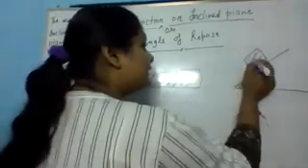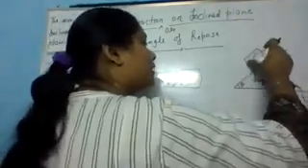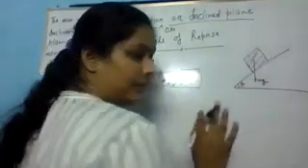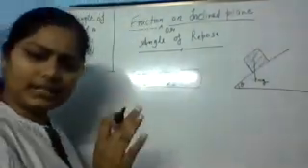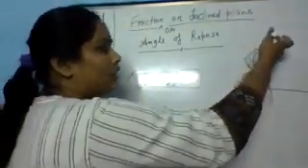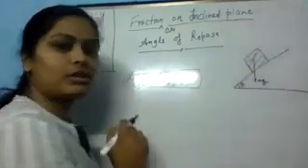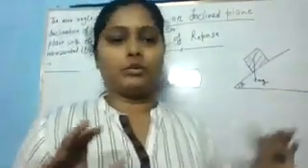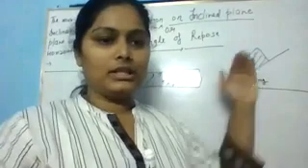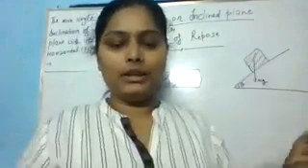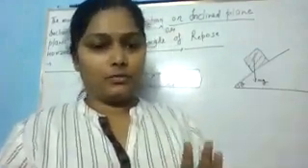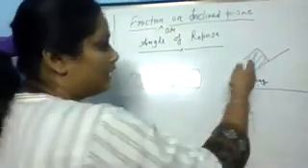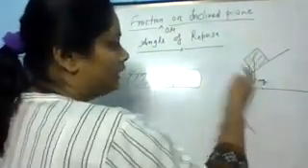When I put a block like this on this inclined plane, without any external force, this block slides down. Natural, nothing else can happen here. It slides down without any external force.